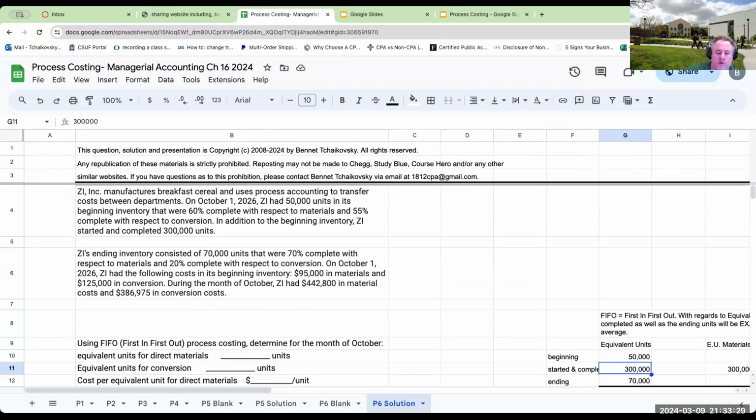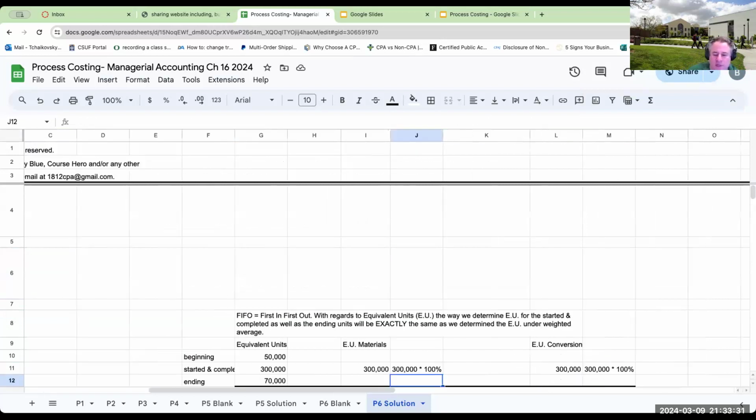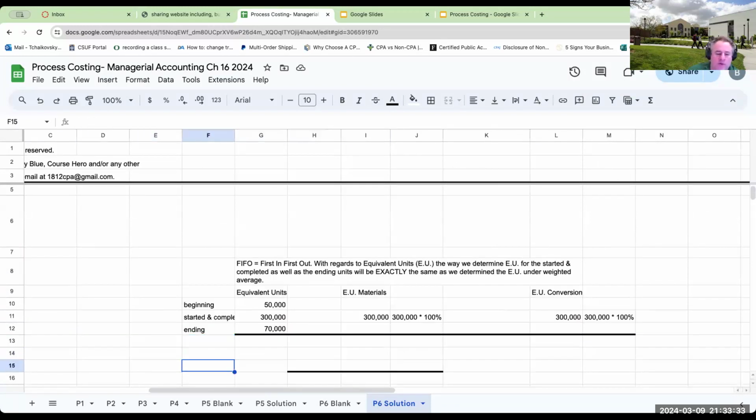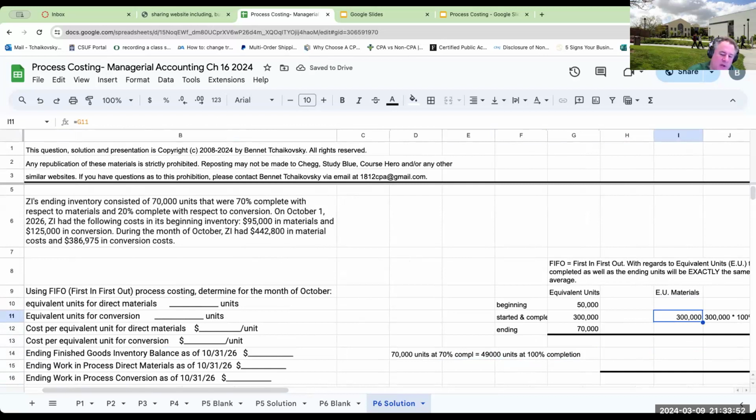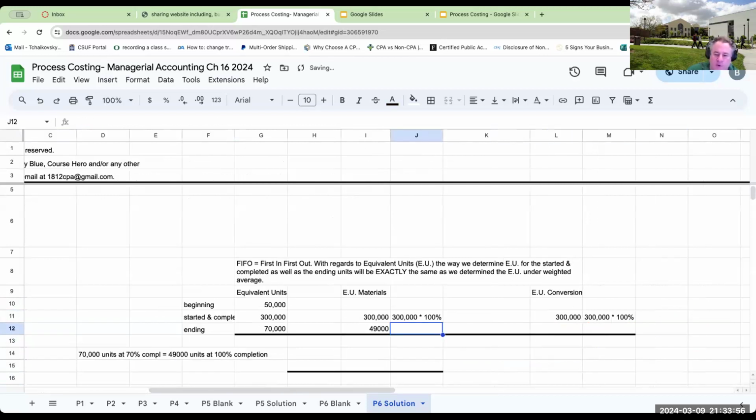This is really what we come down to with equivalent units. 70,000 units at 70% completion is the same as 49,000 units at 100% completion. Because the started and completed are at 100% completion, we need to do the same over here.